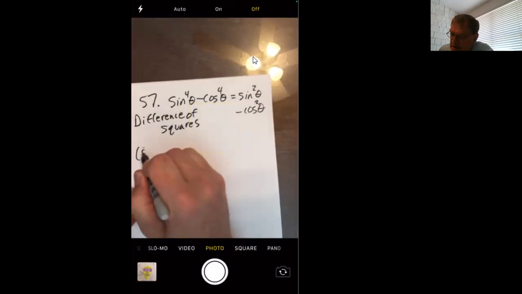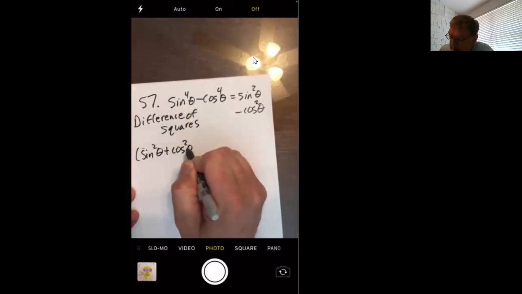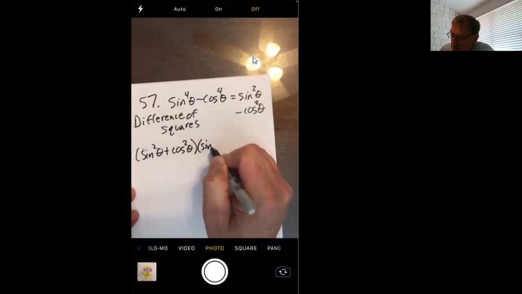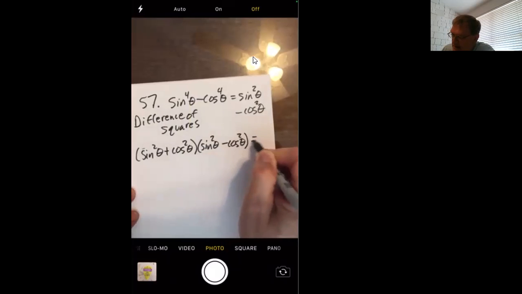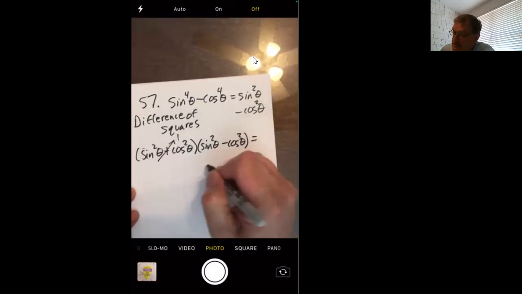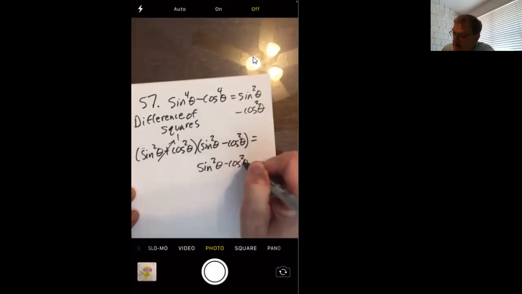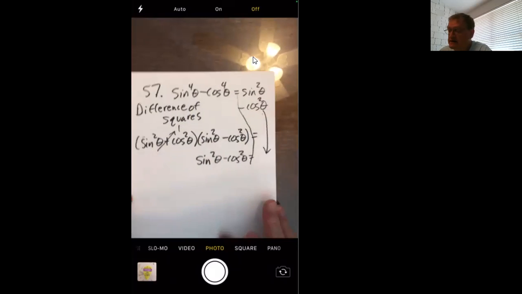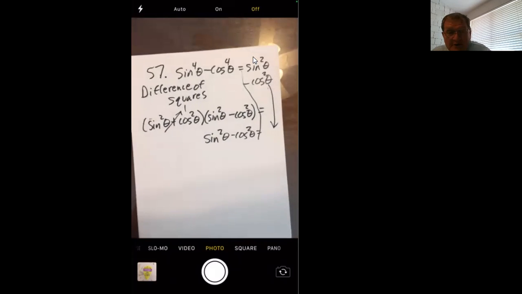So that's sine squared of theta plus cosine squared of theta, times sine squared of theta minus cosine squared of theta. If you notice, this is 1. Sure enough, sine squared of theta minus cosine squared of theta equals, if you draw your line through, exactly the same thing on the other side. It's so easy, it's hard.